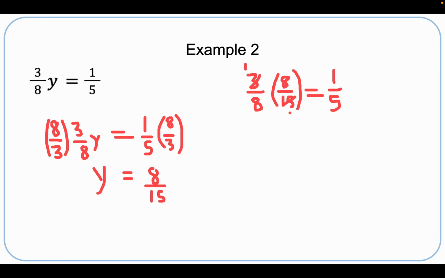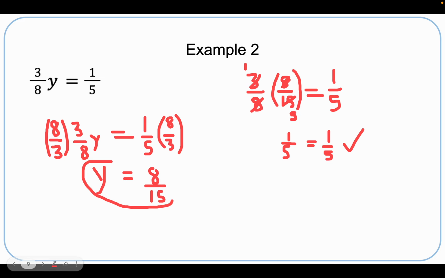Factor out a 3 here, and then I'm going to factor out an 8 from both of those. Those just turned into ones. So now we're left with 1/5. When we simplify, 1/5 equals 1/5. That checks out. So again, our solution is y equals 8/15.